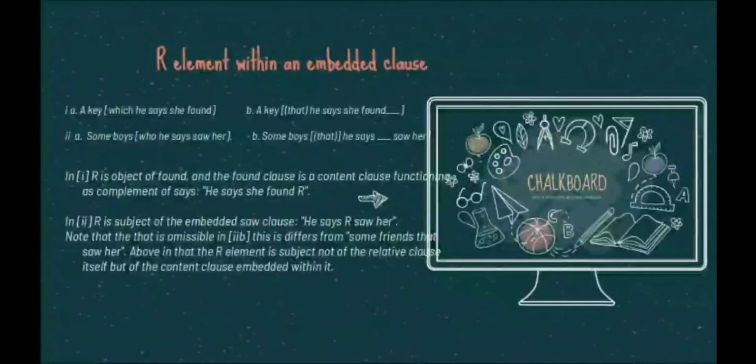Next, relative element within an embedded clause. For examples: a key which he says she found, a key that he says she found. Example A is a WH relative, and example B is a non-WH relative.